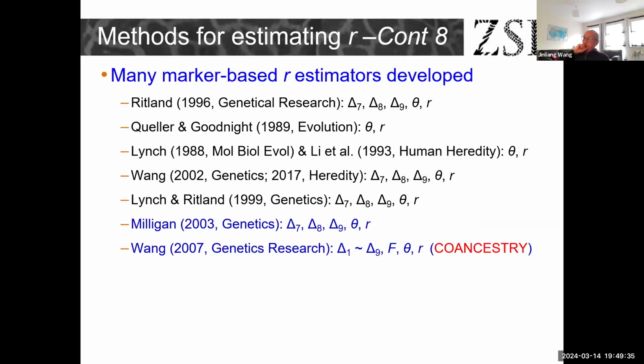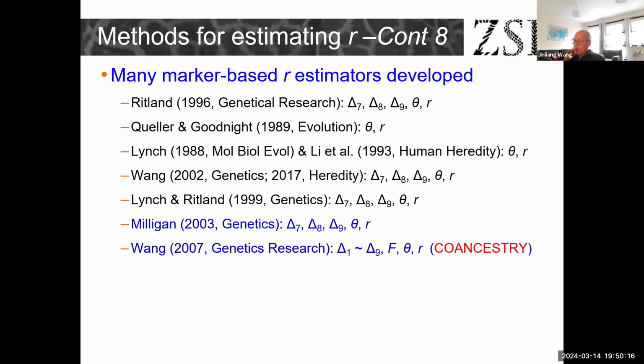Over the years, many relatedness estimators have been developed and applied in practice. Here are just a few examples. For example, Wang developed a relatedness estimator to estimate delta 7, delta 8, and delta 9. And from there, we get an estimate of theta and r. And similarly, Queller-Goodnight, Lynch, and myself, Lynch and Ritland, they all developed moment estimators of r and theta.